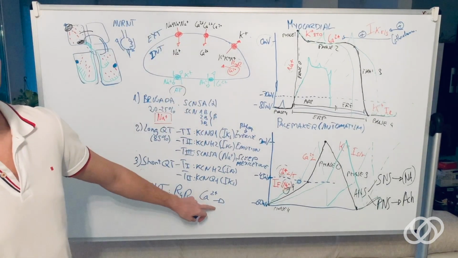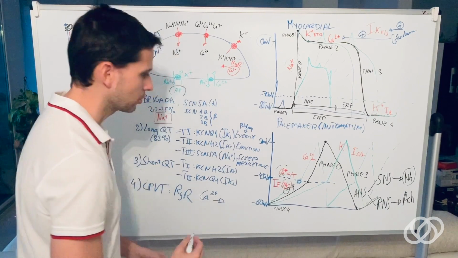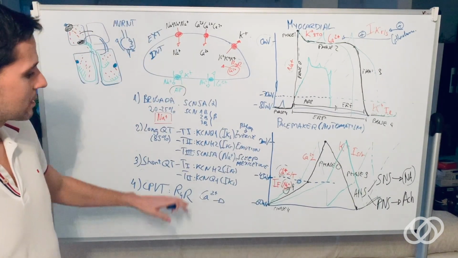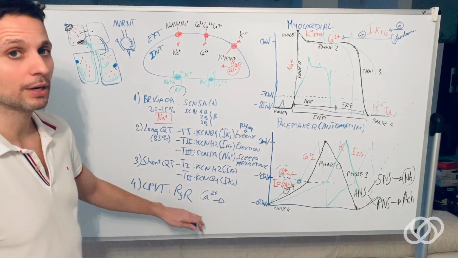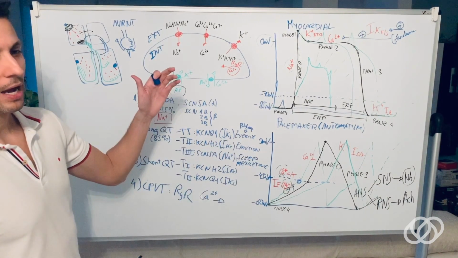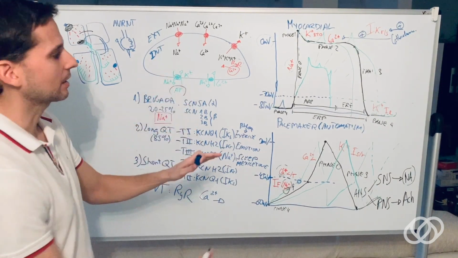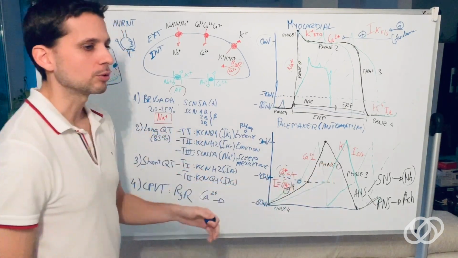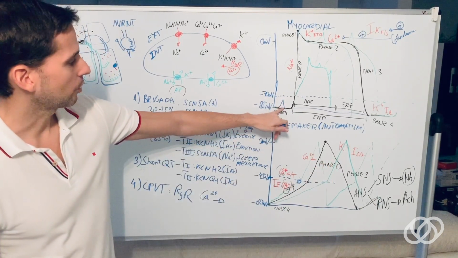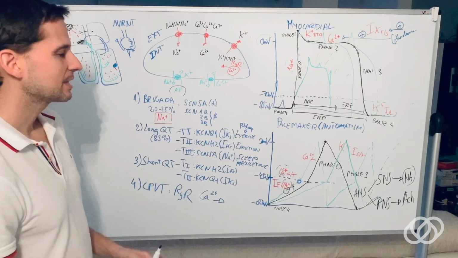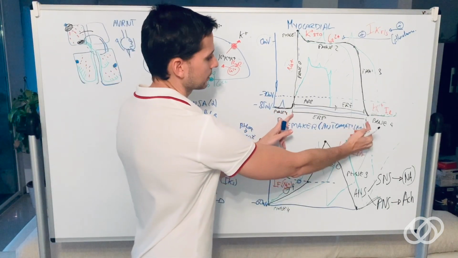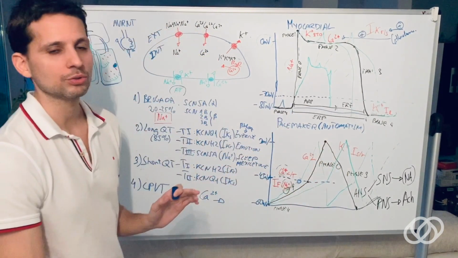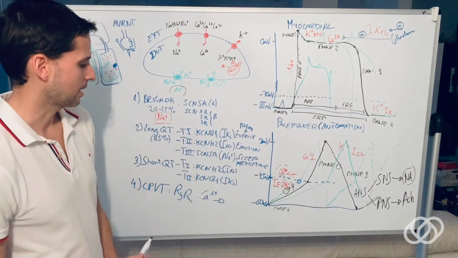So, as we know, it will be an entrance of calcium, and the main treatment will be, in that case, because we want a drug that slows the heart rate, but because we know that in delayed after depolarization, if we have a high heart rate and a longer action potential, it will be more of those spikes. Then we need a drug that does not prolong the action potential, and also that decreases the heart rate.